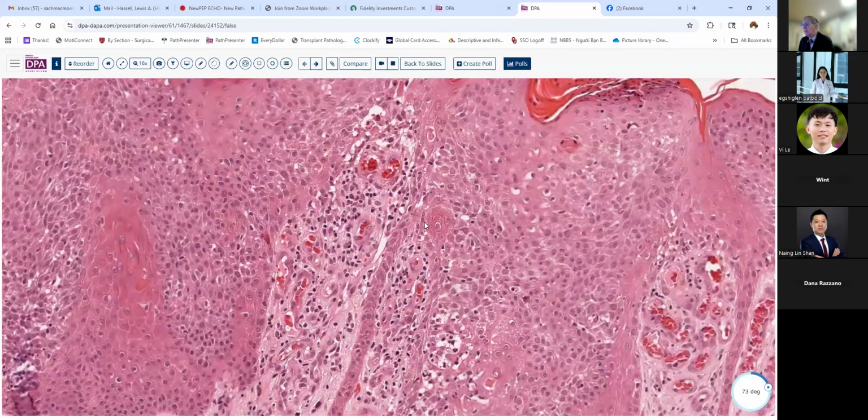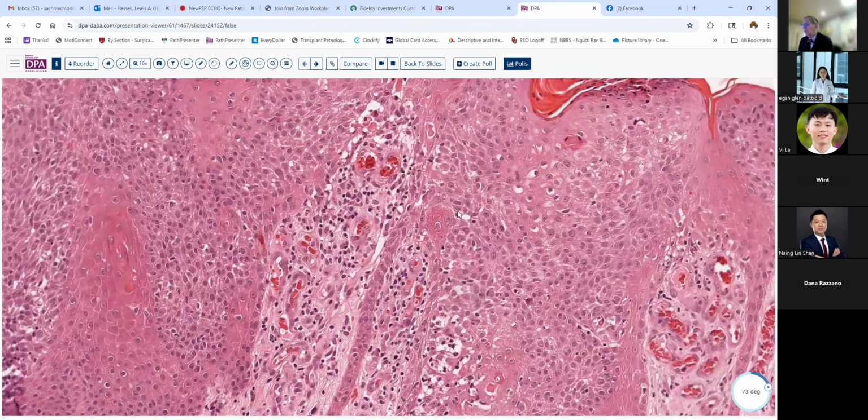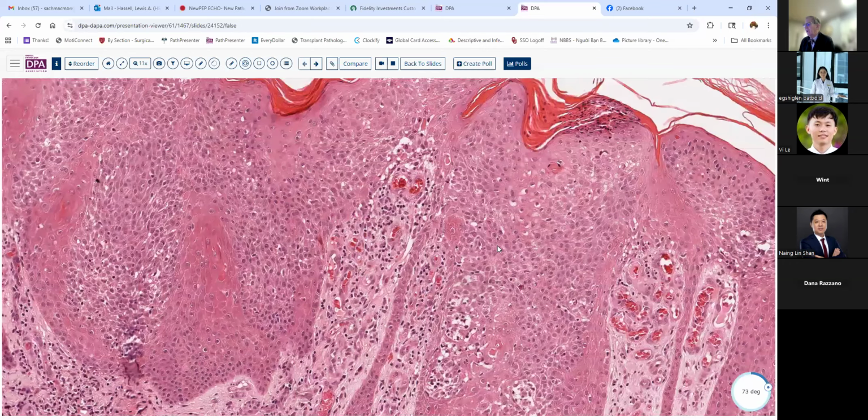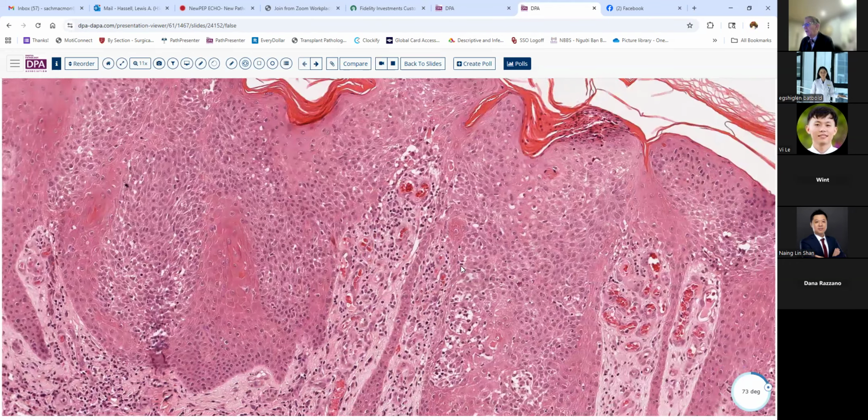This is perhaps as close as we come to a squamous pearl, or in these irritated seborrheic keratoses, a squamous eddy, which is sort of a whorl of keratinocytes that are growing together. And that's actually what these clonal areas are. Only in this particular one, these clonal areas, these squamous eddies have become very inflamed and edematous.